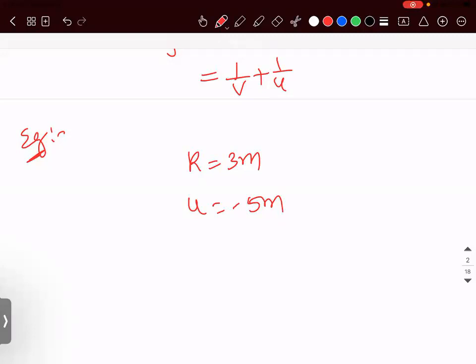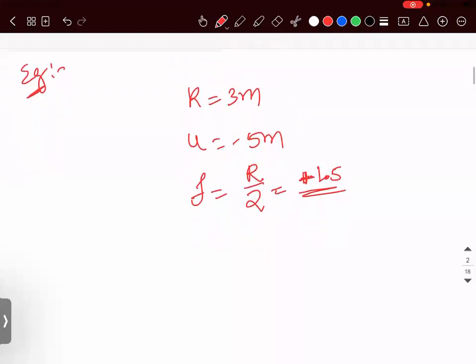And find the position, nature, and size of the image. So what is f here? f equal to R by 2. Is it plus or minus? For convex it's plus, because it's towards the right.